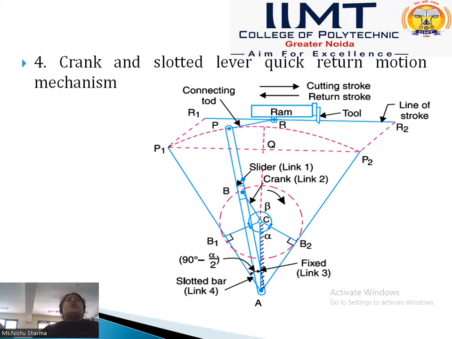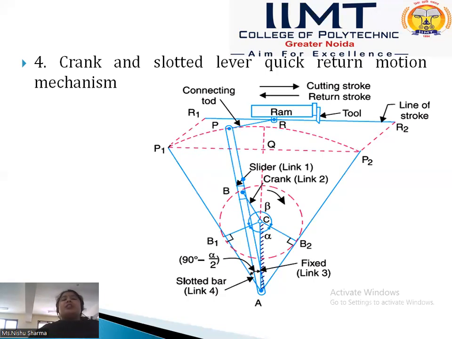In the crank and slotted lever quick return motion mechanism, the fixed link is the connecting rod, and in the Whitworth quick return motion mechanism, the fixed link is the crank. In the diagram we see four links, because it is an inversion of the single slider crank mechanism.